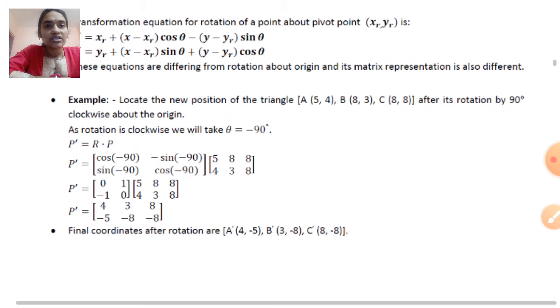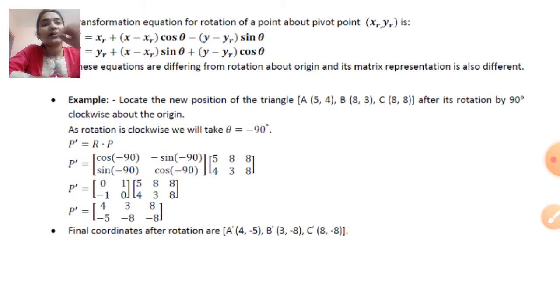Now let us solve one example. Locate a new position of the triangle A(5,4), B(8,3), C(8,8) after rotation by 90 degrees clockwise about the origin.